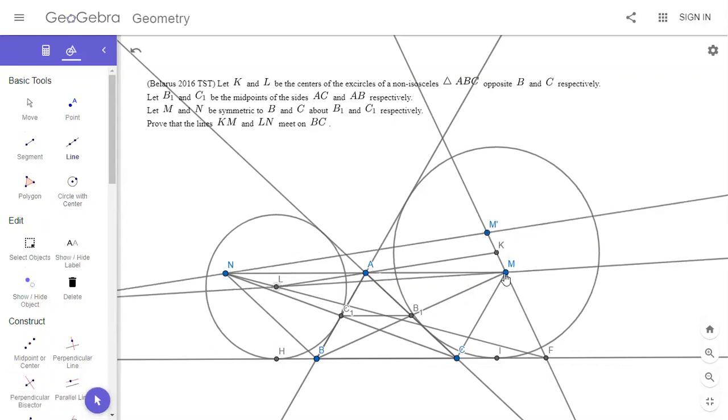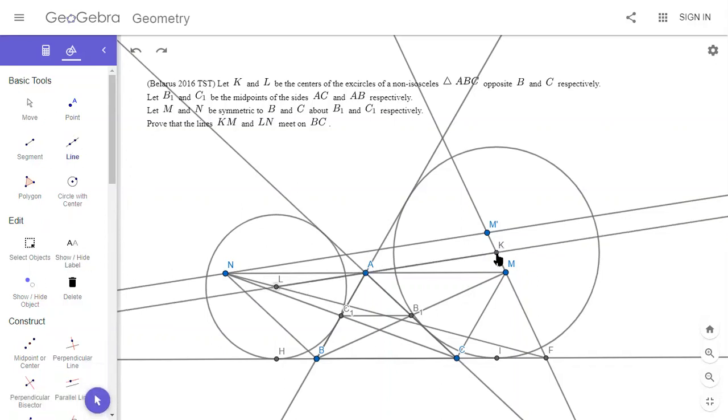I think, no, what was I thinking? That over that. Yeah, we want to show M prime N is parallel to KL. Yeah, those do look parallel.